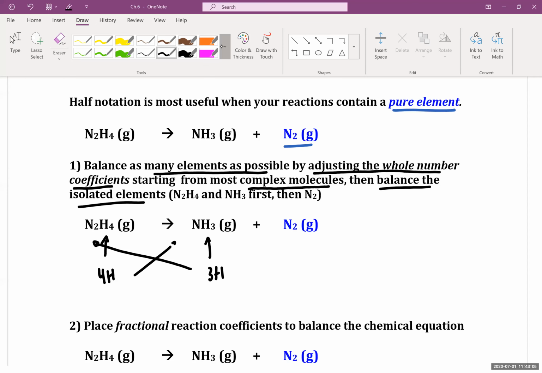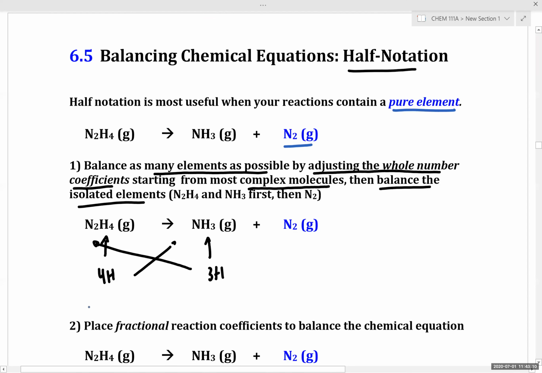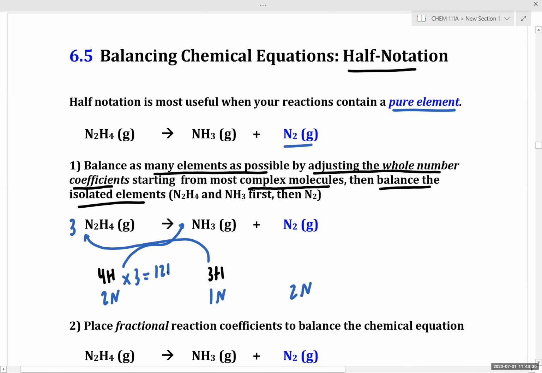So I'm just going to adjust my coefficients. So 4 times 3, we get 12 hydrogens and 6 nitrogens. 3 times 4 gives us 12 hydrogens and 4 nitrogens.